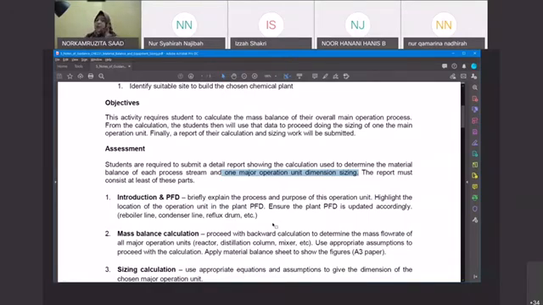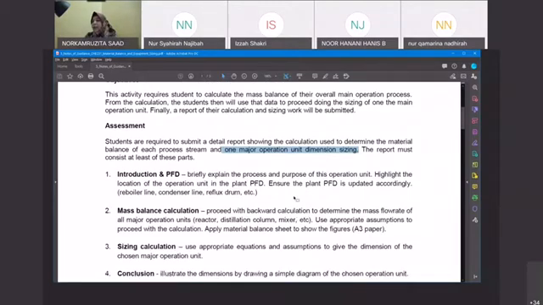So that's why, when you talk about what will be assessed, you need to explain again briefly on your PFD. Briefly explain the process again and the purpose of this operation unit.